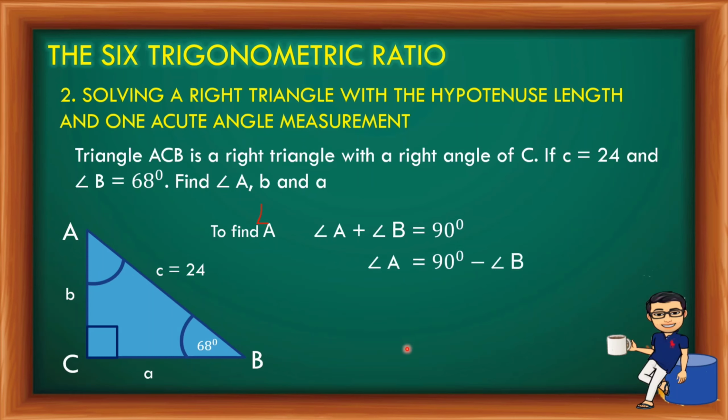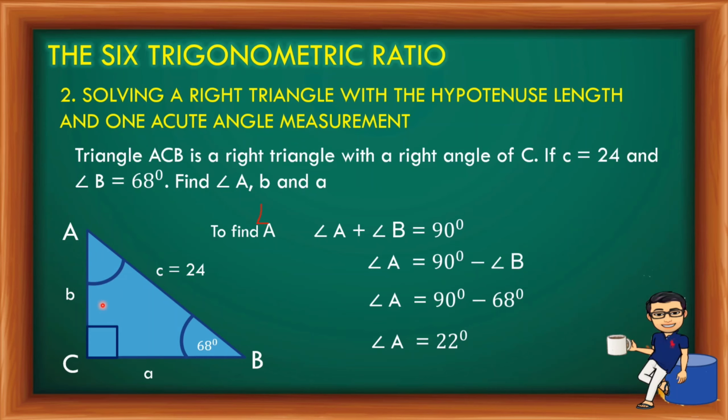So, dahil hinahanap natin si angle A, si angle B ang ilipat natin sa kabilang side, kaya magiging minus. So, angle A is equal to 90 degrees minus 68 degrees. Sinubstitute natin ito. So, pag minus ito, answer is 22 degrees. Therefore, angle A is equal to 22 degrees. So, 22 degrees ngayon ito.